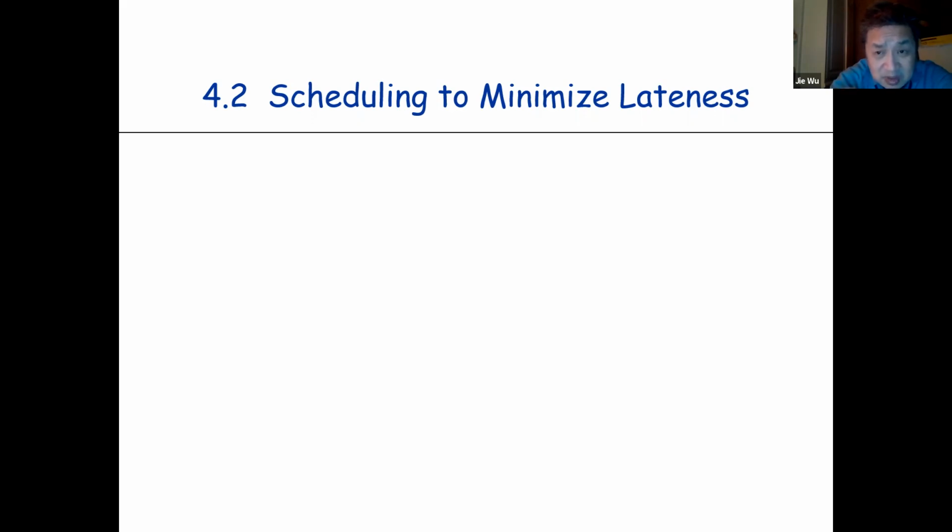So your job is to schedule them based on whatever criteria, duration or deadline, such that, I know that you cannot finish everything before the deadline. But at least I want you to minimize the lateness. What does lateness mean? For example, a job's deadline is 3 o'clock. You finish at 5 o'clock. Lateness is 2. The other job's deadline is 6 o'clock.